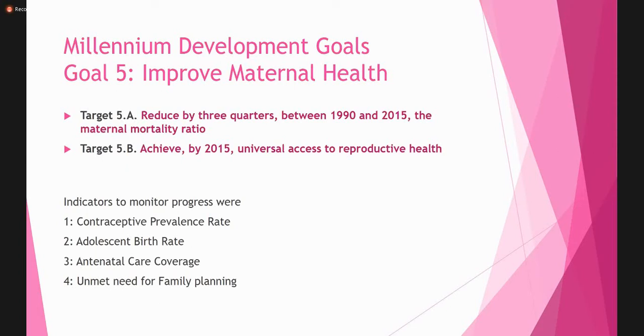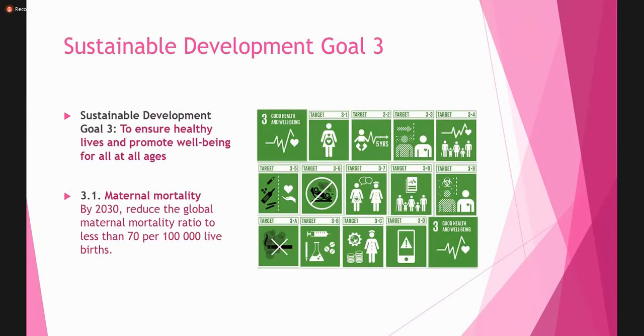The Millennium Development Goals were developed from 2000 to 2015, and 189 countries joined this, and there were 8 goals, and these were related to maternal health. Then Sustainable Development Goals. The Millennium Development Goals were transformed to the 2030 agenda, and the goals were increased from 8 to 17.